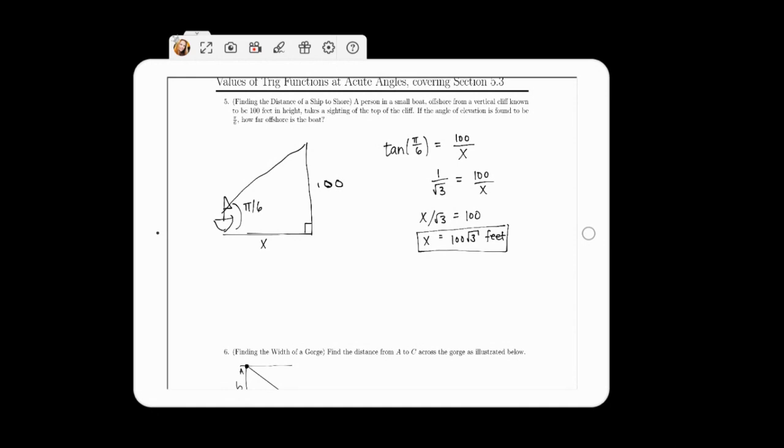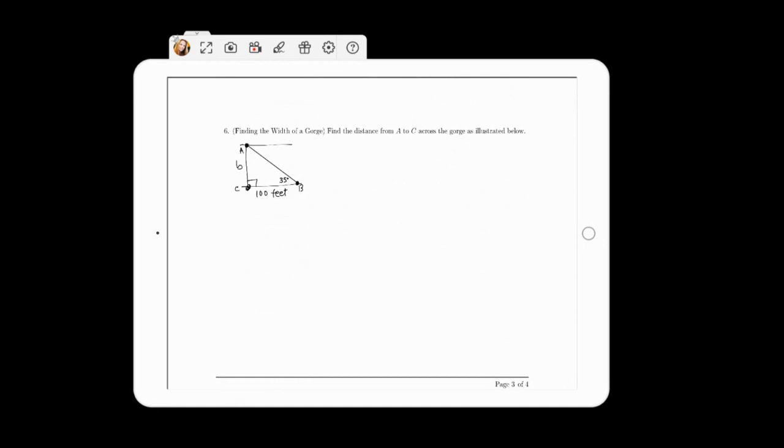Okay, we can see a couple more examples. So in problem 6, we are finding the width of a gorge. We're given a picture and we want to find the distance from A to C across the gorge as illustrated below. So what we see is that we are given an angle of 35 degrees, not one of our special angles, inside of a triangle. And we know that the adjacent side length is 100 feet. The opposite side length, B, is what we're trying to find.